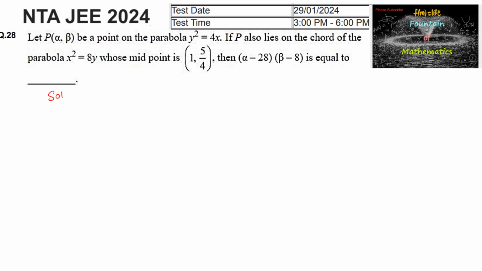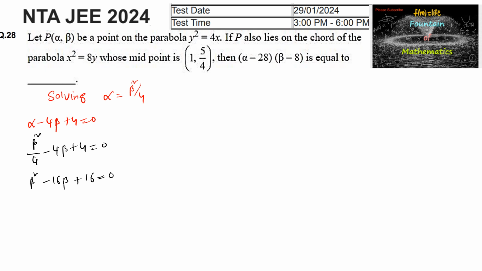from the first equation let us take alpha is equal to beta square upon 4 and substitute the alpha value in the second equation, that is alpha minus 4 beta plus 4 is equal to 0. So we will get beta square upon 4 minus 4 beta plus 4 is equal to 0, or beta square minus 16 beta plus 16 is equal to 0.